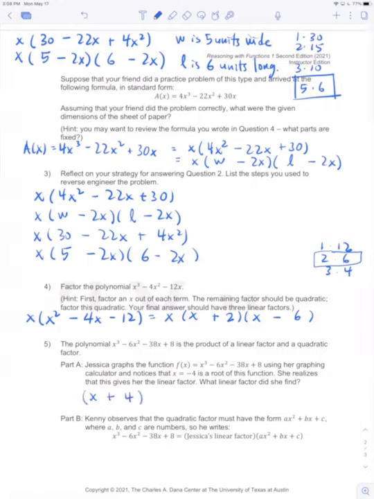Part B. Kenny observes that the quadratic factor must have the form ax squared plus bx plus c, where a, b, and c are numbers. So he writes x cubed minus 6x squared minus 38x plus 8 equals Jessica's linear factor. I'm going to write that in here. Jessica's linear factor we just found to be x plus 4. And then we have ax squared plus bx plus c.